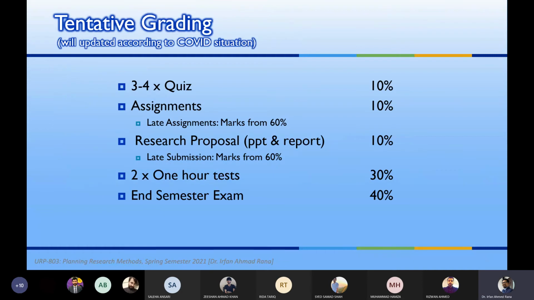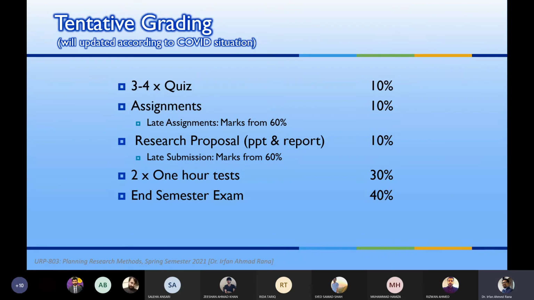Okay, so this is a tentative grading schedule. This was before the COVID situation, so I'm not sure what will happen with COVID in the near future. Before COVID, I usually did it like this: 3 to 4 quizzes, 10% marks; assignments, 10% marks; and then a whole research proposal, including presentation and report, 10% marks; a 1 hour test, 30%; and then your end semester exam at 40%.